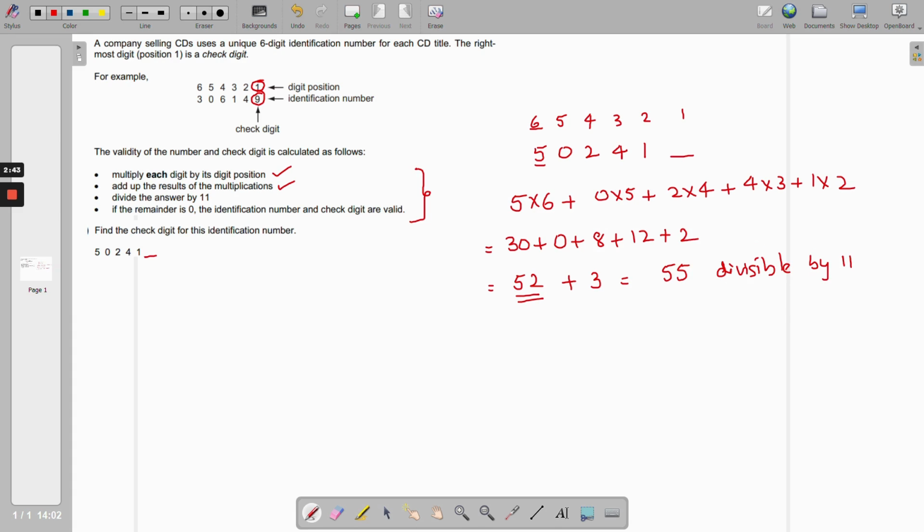So the value 3 is supposed to be the value in this particular position, in this digit position number 1. So the answer, the check digit, is 3. That's your final answer.